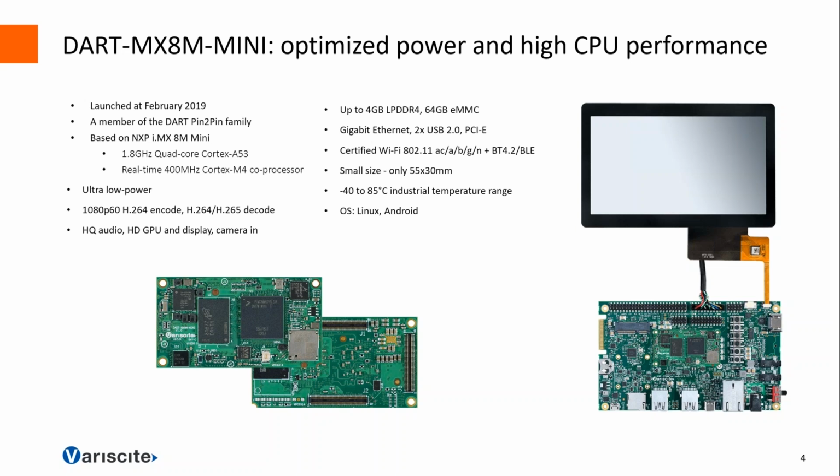It is one of the most flexible solutions available today, practically covering most of what used to be the IMX6 family, with all the multimedia accelerators inside, both video encode and decode, graphic acceleration, up to quad-core 1.8 gigahertz that can run together with a real-time coprocessor, and additional features that can practically support all the interfaces used today in most embedded products, including camera inputs, display, USBs, gigabit Ethernet, PCI Express, and additional connectivity with a certified dual band Wi-Fi and the Bluetooth that you can find here. It is relatively small.